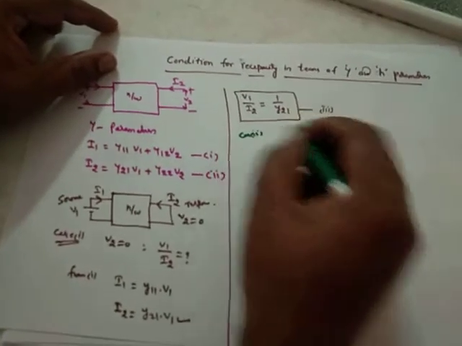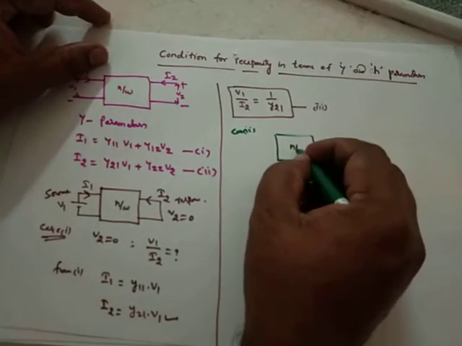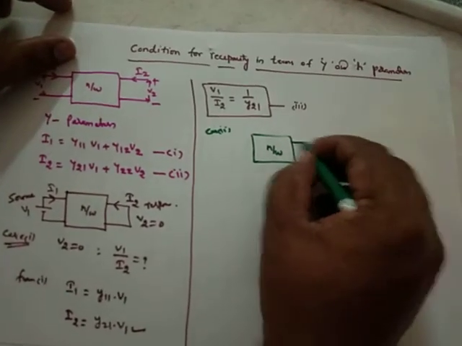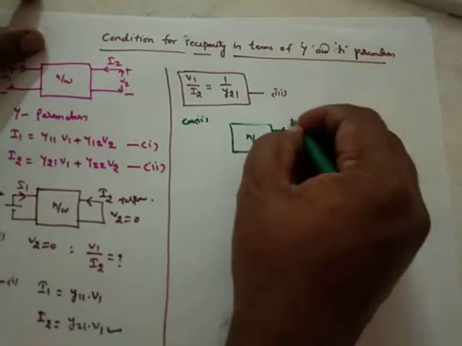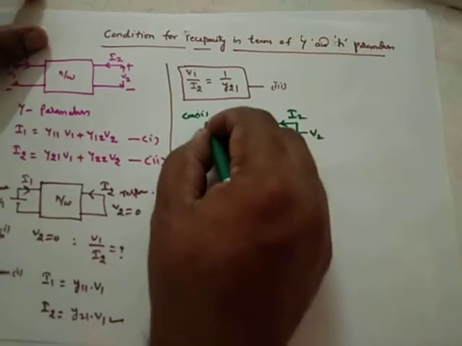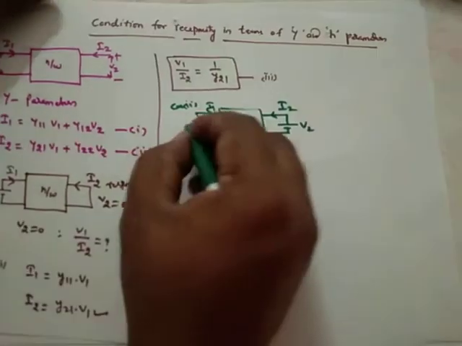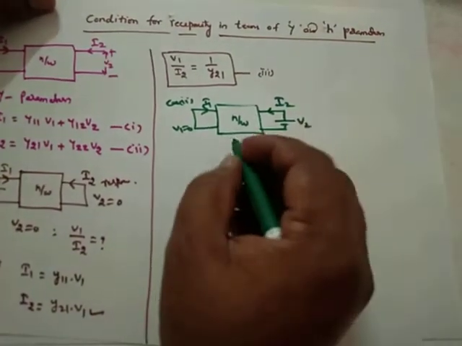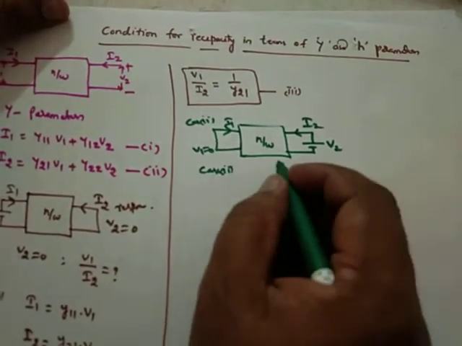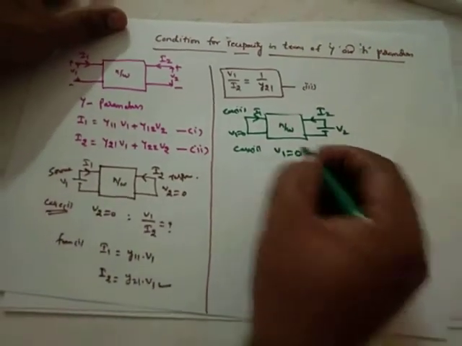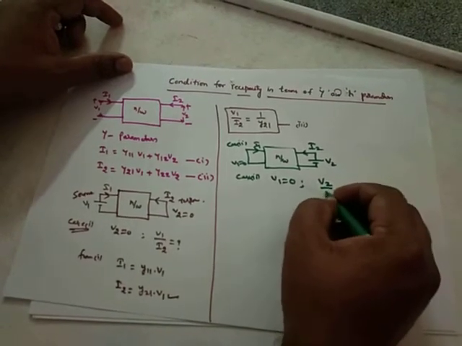Now here in case 2, apply some V2, and the currents I2 and I1. Now here the condition is V1 is equal to 0. Case 2 condition: V1 is equal to 0, and find V2 by I1.